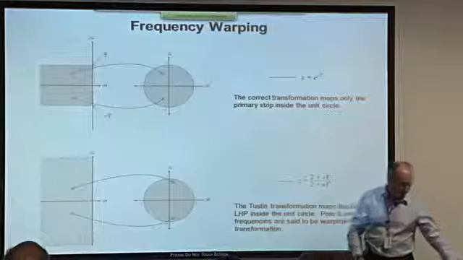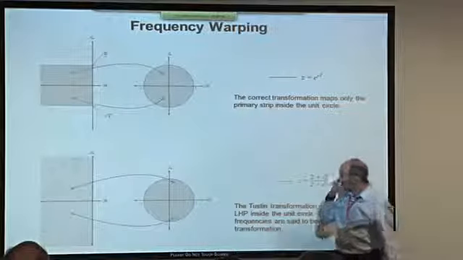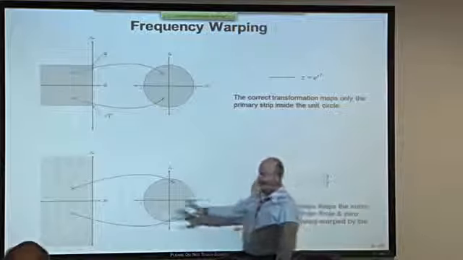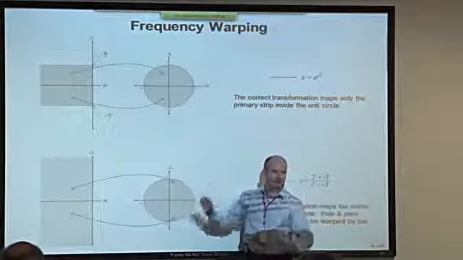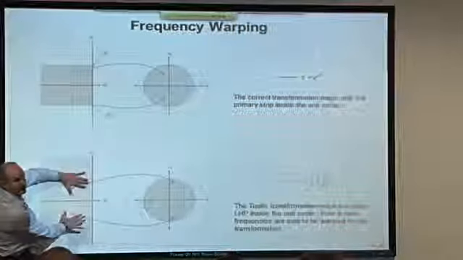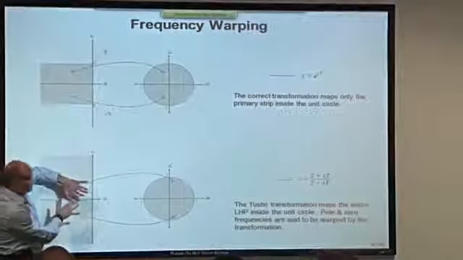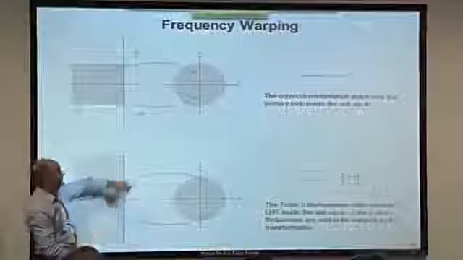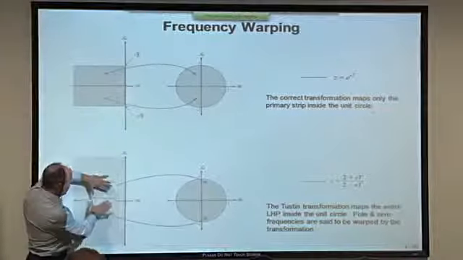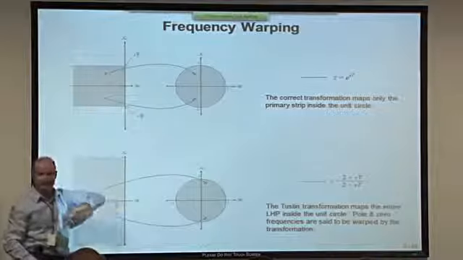Pre-warping is a method which doesn't change the Tustin method. We still use Tustin. But instead of just applying it and forgetting about the consequences, we move the pole locations around over here such that when we apply the Tustin method, they end up where they should have been, not where they are. We change things here and then apply Tustin.